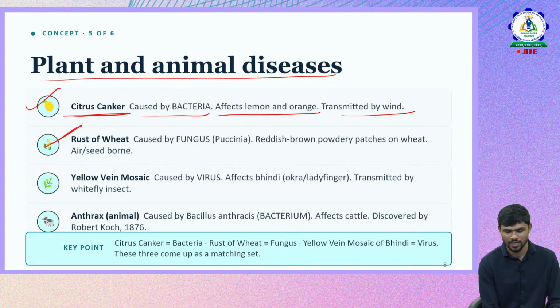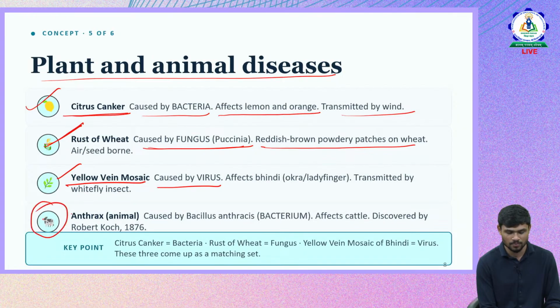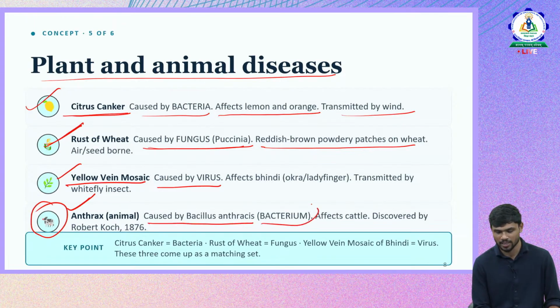Then rust of wheat is caused by fungus, with reddish brown powdery patches as the symptoms. Then yellow mosaic is caused by a virus. Anthrax is an animal disease caused by the bacterium Bacillus anthracis.